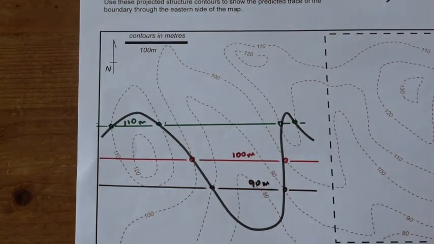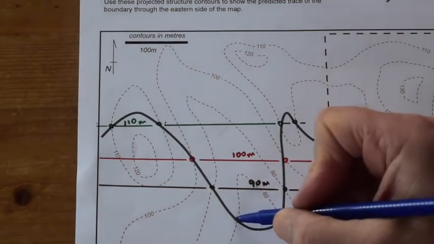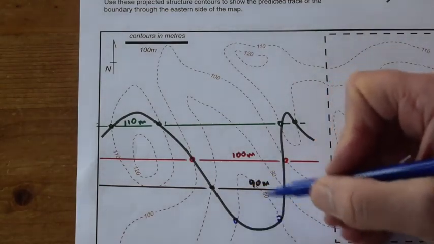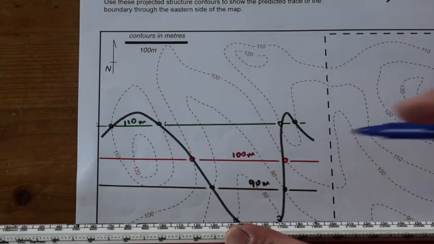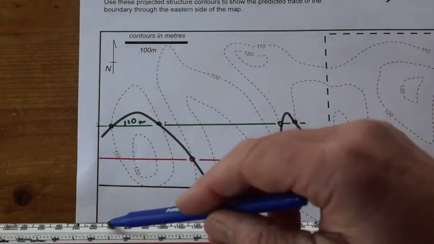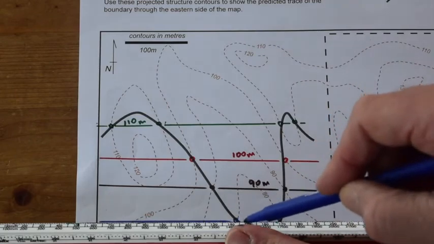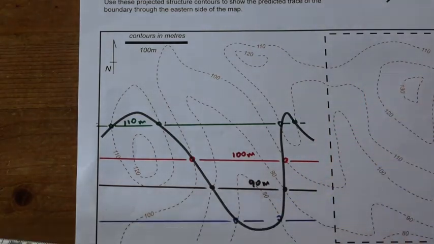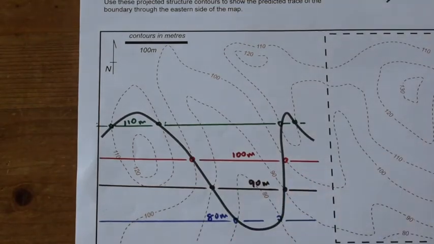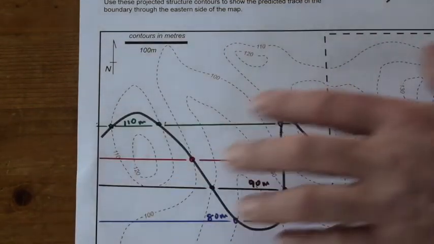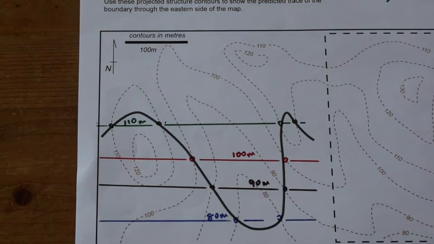And then finally, we can put on the 80 metre structure contour down here, which is the last intercept of the topographic contour system with the geological boundary. So there's our structure contour array for this part of the map, with the intercepts of the topographic contour with a geological boundary.